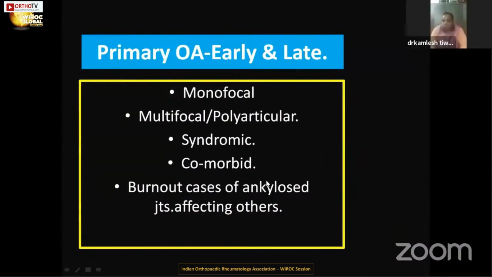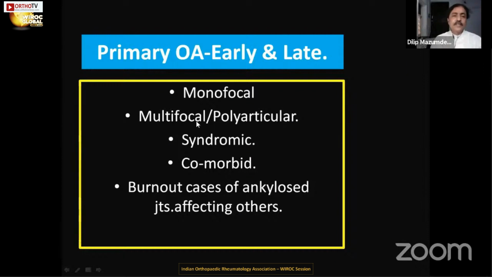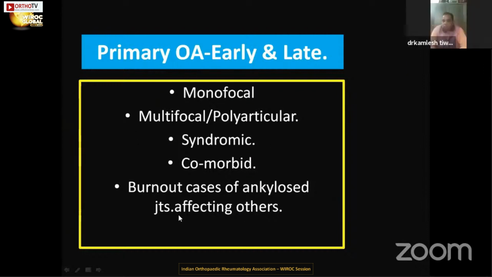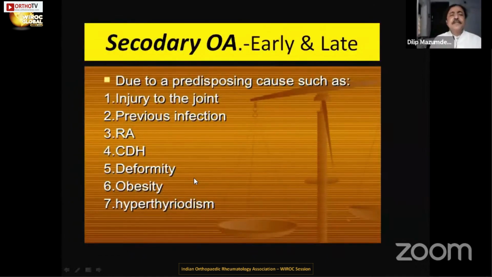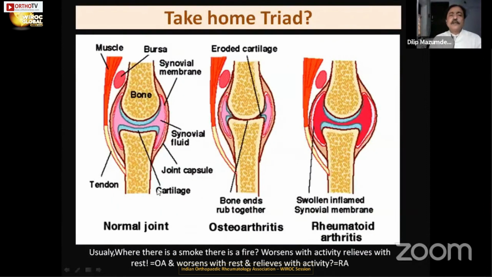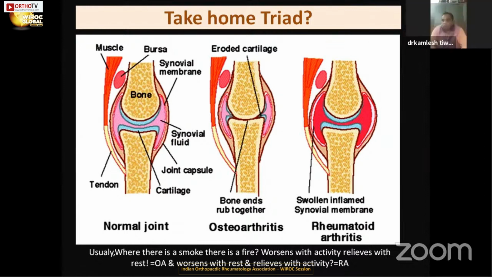So, as already told by our Jogesh, this is monofocal, primary or secondary. This is just a glimpse of the primary and secondary types that everybody knows. So the take-home message is that where there is smoke, there is fire; where there is a deformity, there is degeneration.